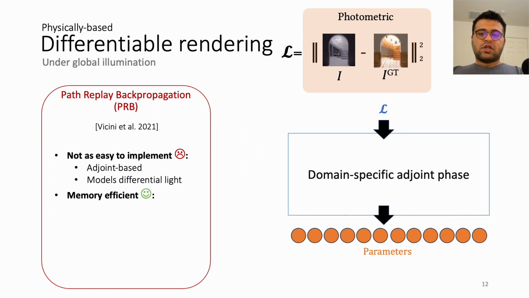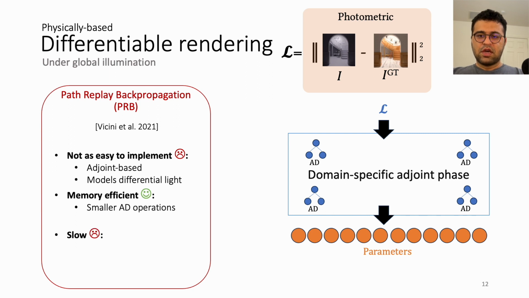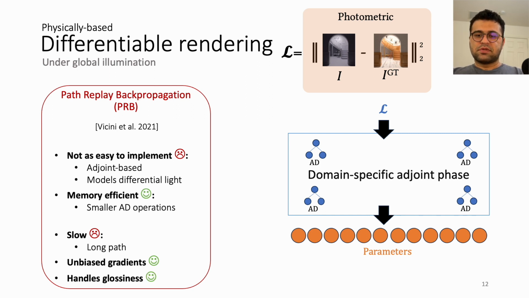However, it is memory efficient because it involves smaller AD operations instead of keeping a gigantic graph. Since PRB still solves path integrals, it could be slow in case of long paths, but it also has unbiased gradients and does well when it comes to high glossiness.